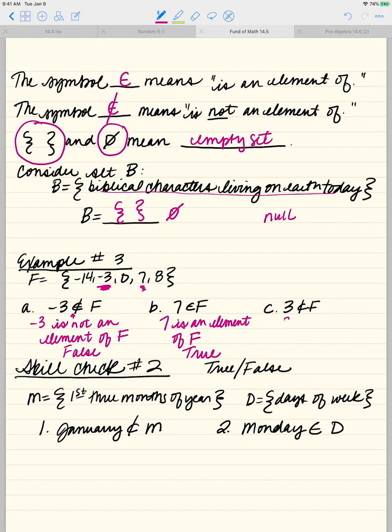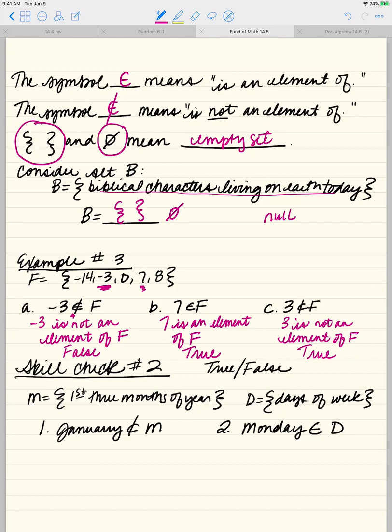Last one says 3 is not an element of F. We look at our set, we see -14, -3, 0, 7, and 8. I don't see 3, so that is a true statement. 3 is not an element of F. It is not listed in set F.